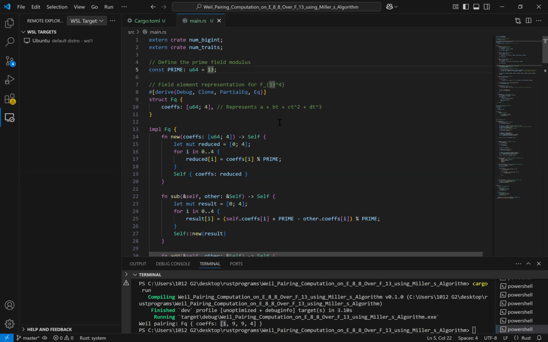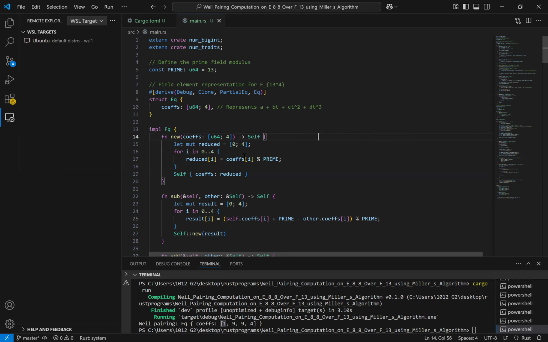So we are asking ourselves, what value of k would make 5 divide 13 raised to k, minus 1? So you discover that if k is 4, 5 can divide 13 raised to 4 minus 1. So then 4 becomes our embedding degree.